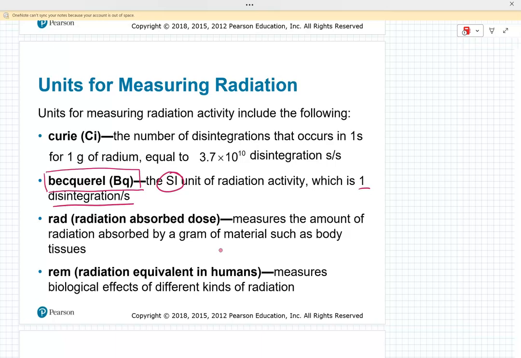So imagine you have a radioactive object. Let's say it's my mug. It contains something that produces 1 beta particle every second, and it's registered by a counter. So what you're going to have is 1 count per second.